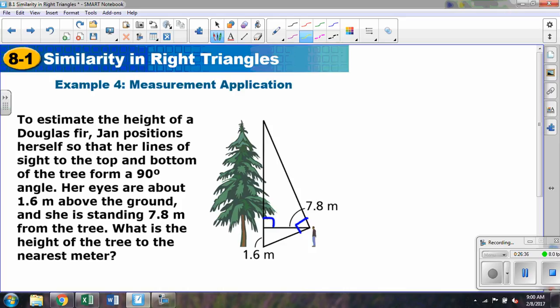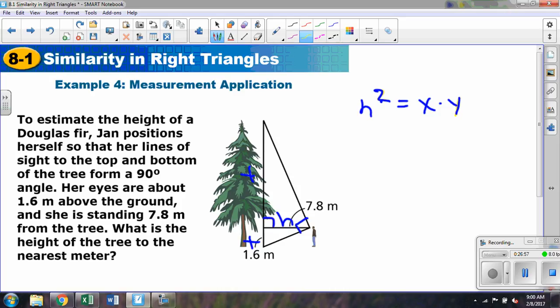Well, again, you've got the choice. Do you have the equation memorized, or do you build the proportion? The equation said h squared equals x times y.